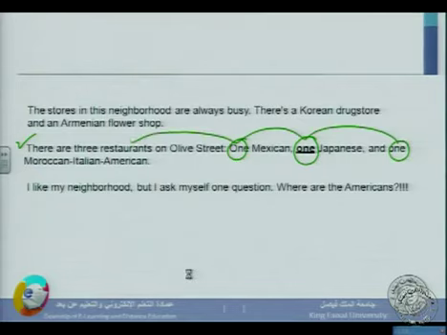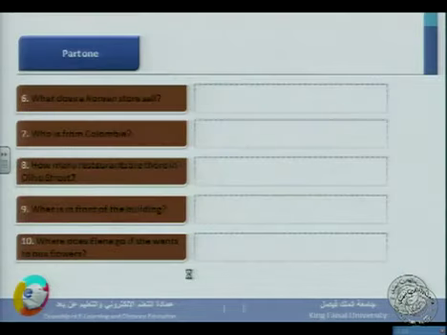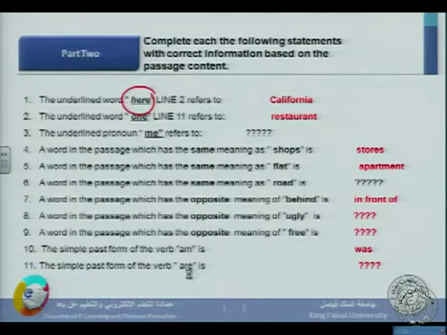All of these refer back to what? The restaurants. One Mexican, one Japanese, one Moroccan. Here one means the restaurant. Okay? Okay, I will leave this one for you. You answer it.